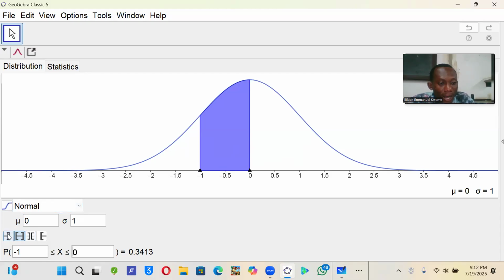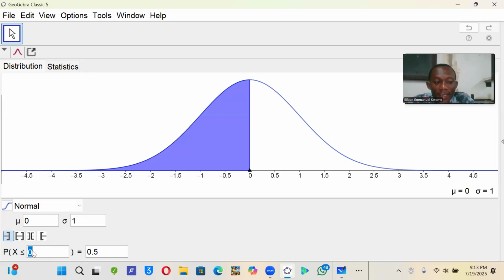Now let's come to the bar here. The bar here is used to check. I'm going to explain how to use it when we are doing the question. But in case we want to find the probability that a value is less than a particular value, this is what we use.